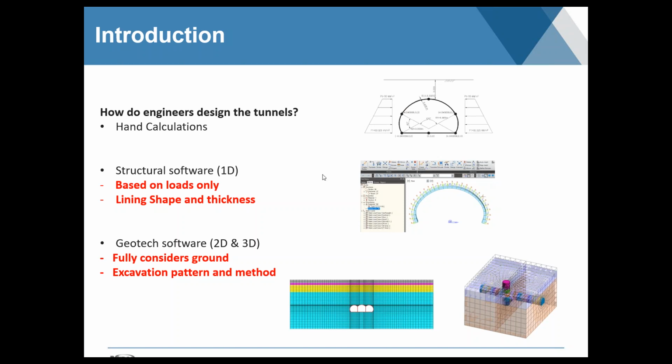And so from this simple approach, you can actually get some idea of what the demand is going to be, and hence you could potentially design, as we said, the shape of the support system, including the thickness of what the lining would end up being. But it's, again, a very simplistic approach as to what's really happening in the ground.